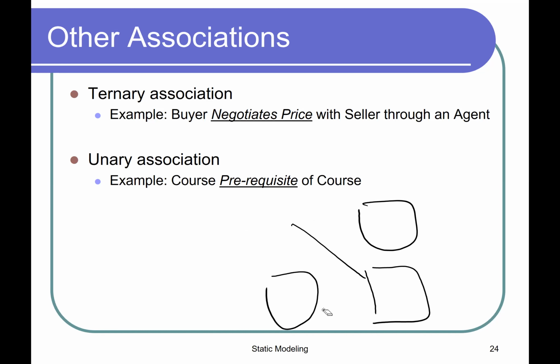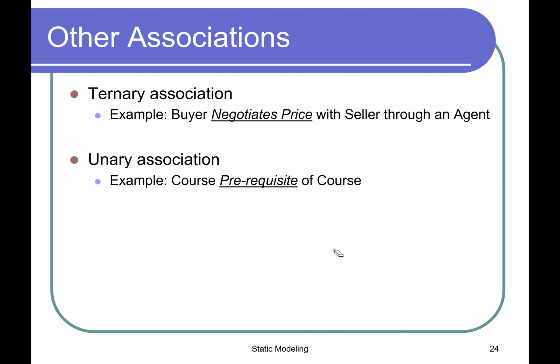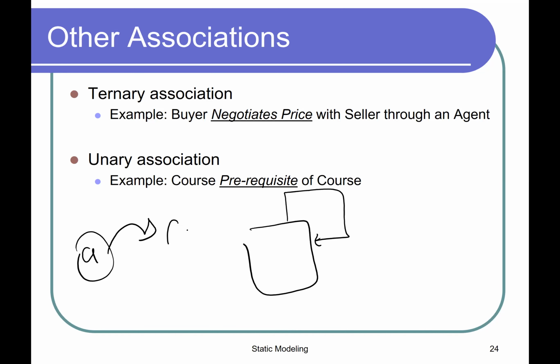Last up, we have something called a unary association, and this is when a class has an association with itself. Remember, we're not actually dealing with classes, we're dealing with objects. So an object has an association with a different object of the same type.